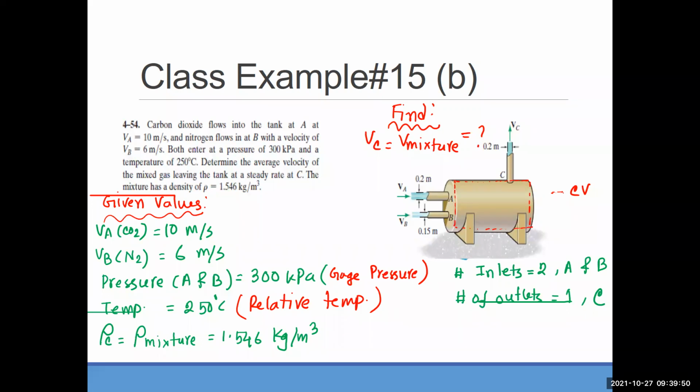So we are done with the first step: we identified the given values and what we need to find. Now the next step is we need to find one equation which can connect unknown and known, right? From the given values, we have rho, density, and velocity. We know that we need to use the mass conservation equation, right? And they said that it is steady flow. So obviously we need to use the steady mass conservation equation. Also, I said we will not use anything unsteady, so we don't need to start from the very beginning.